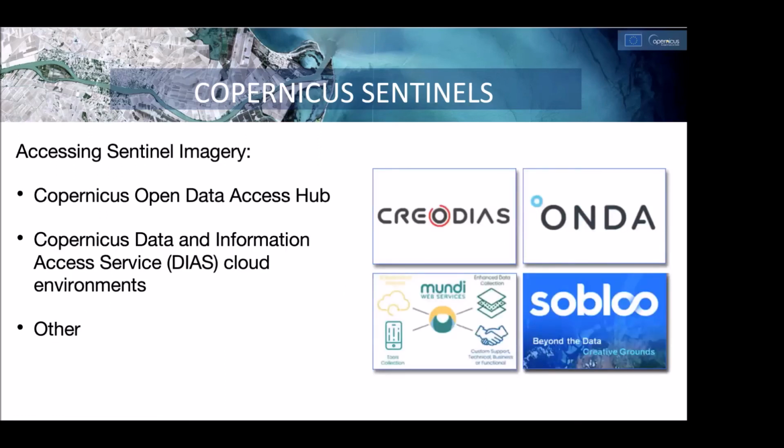Okay, I don't have much time left, but this is the quick part. How do you get your hands on this data? I'm going to show you one way, which is through the Copernicus Open Data Access Hub, but there are a large number of other ways of doing it. In the links I provided you, there are the DIASs, which stands for Data and Information Access Service.